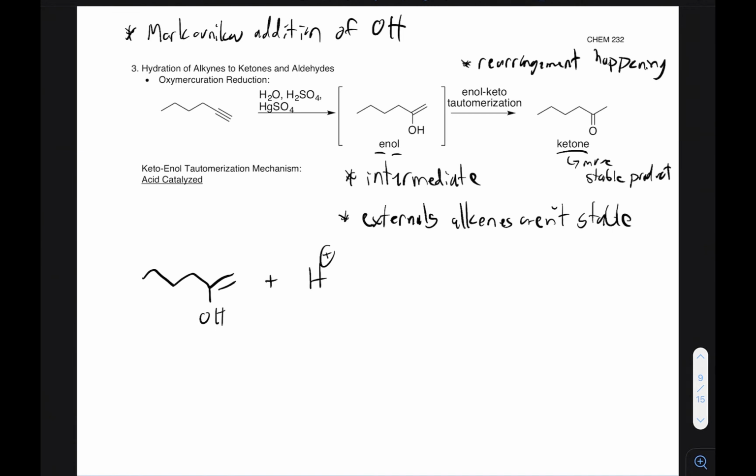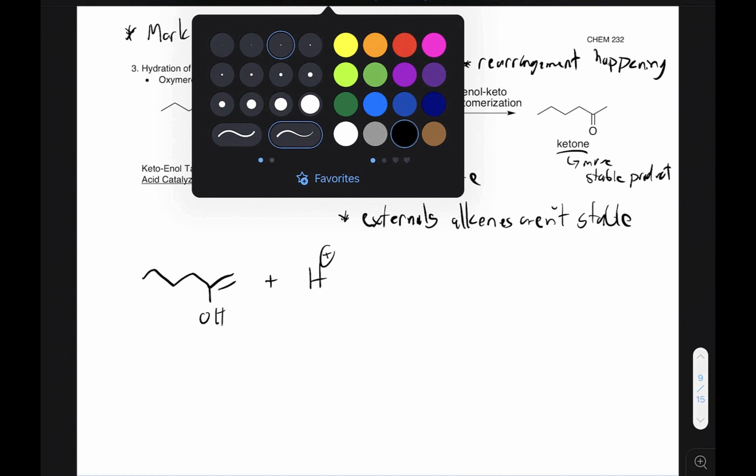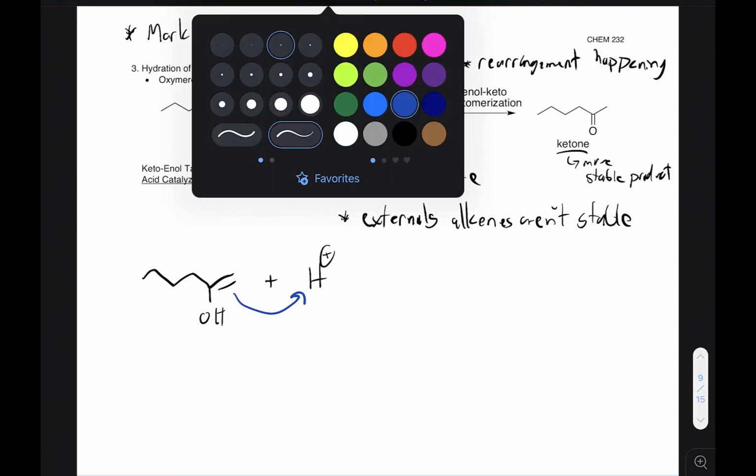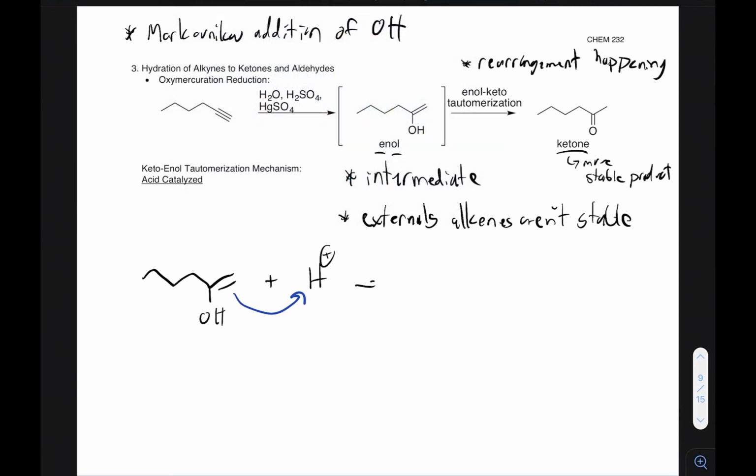And the alkene here will end up grabbing a proton, and we get this, the carbocation will be on the more stable carbon, of course.